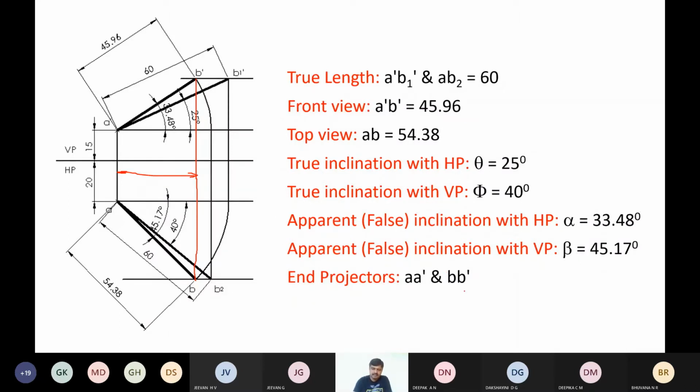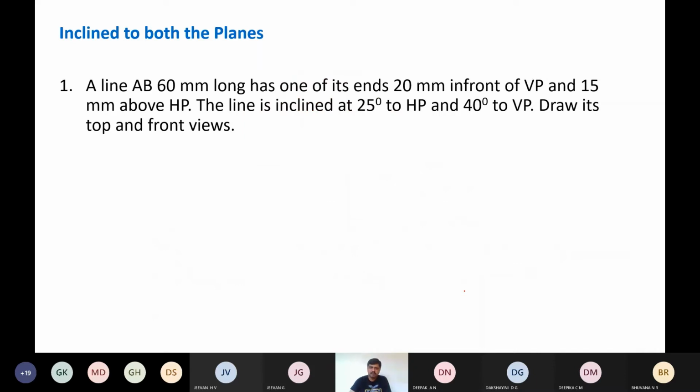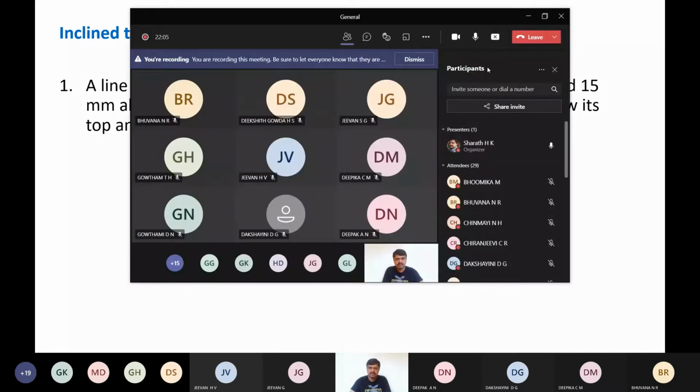I will explain this with the help of this problem, using SolidWorks.